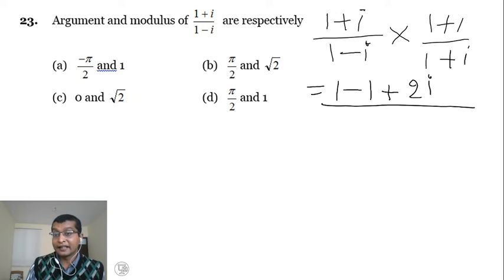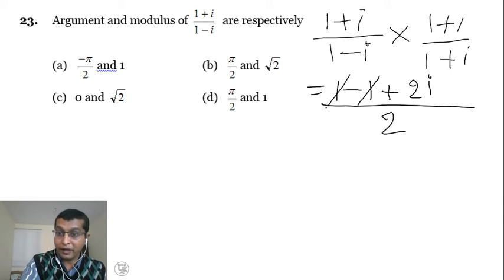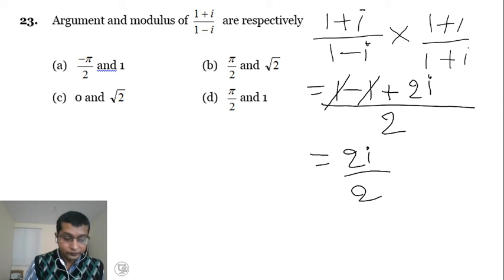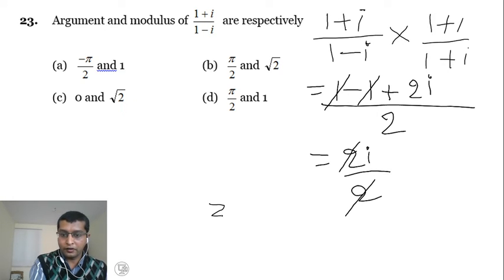Yes, it is a square minus b square, 1 plus 1, that is going to be 2. Then plus 1 minus 1 cancels. Dear students, you are familiar with the solution of such examples, right? Then 2i divided by 2. Yes, here 2 also cancels. So we get the value of z equal to i, right?